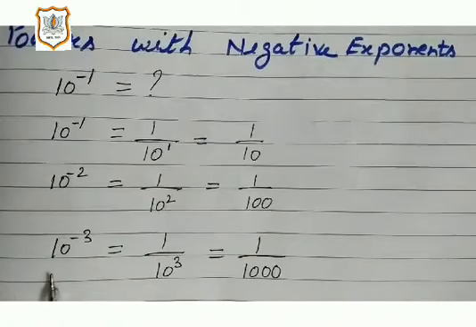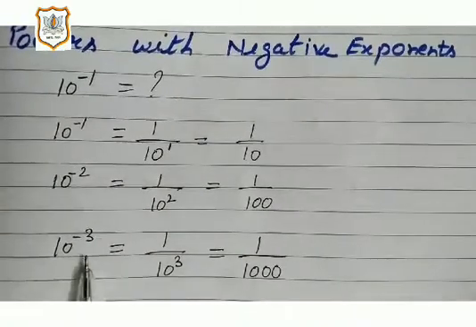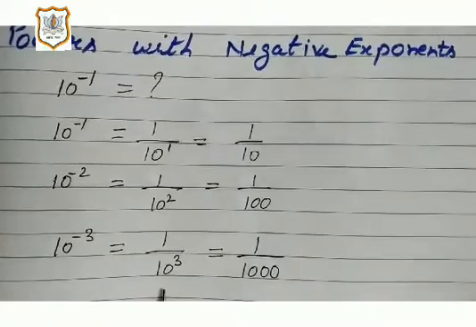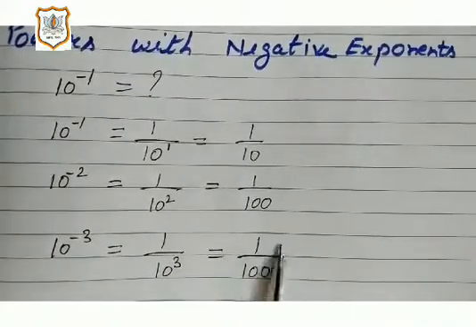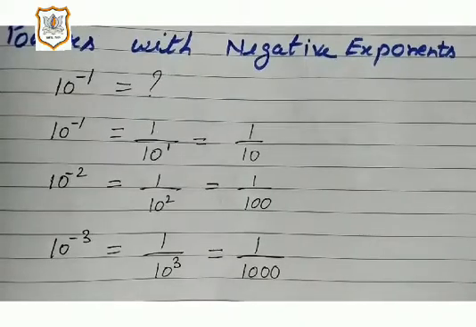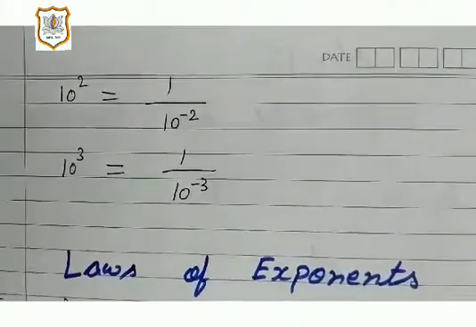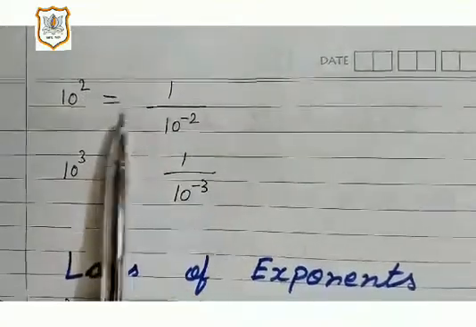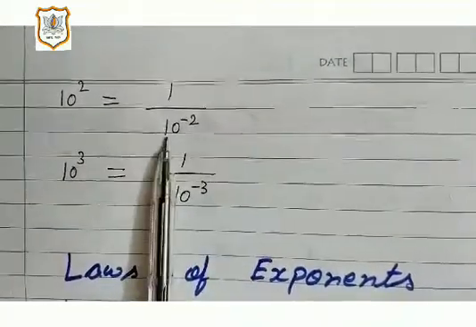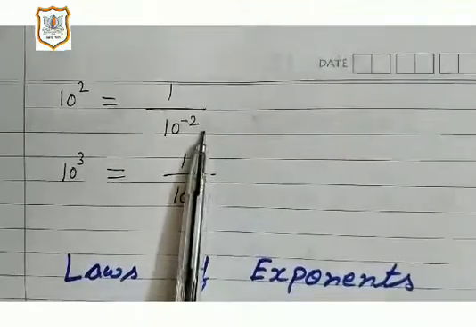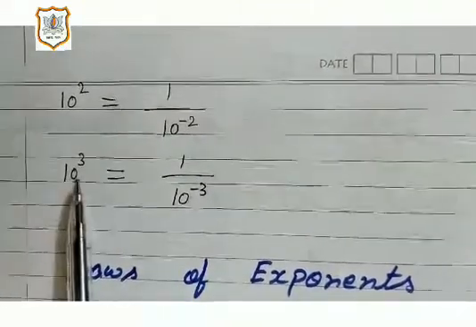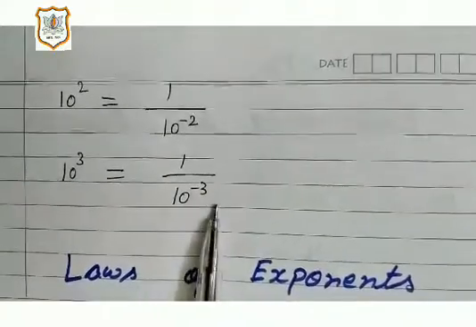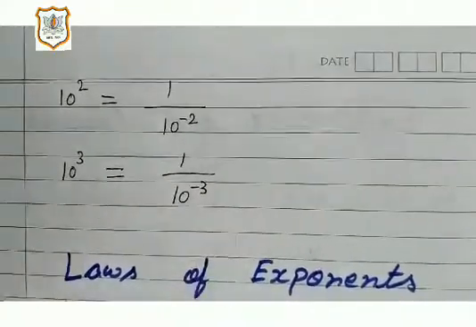Same, 10 raised to power minus 3 is equal to 1 upon 10 raised to power 3, which is equal to 1 upon 1000. In the same way, we can write 10 raised to power 2 is equal to 1 upon 10 raised to power minus 2. Same, 10 raised to power 3 is equal to 1 upon 10 raised to power minus 3.